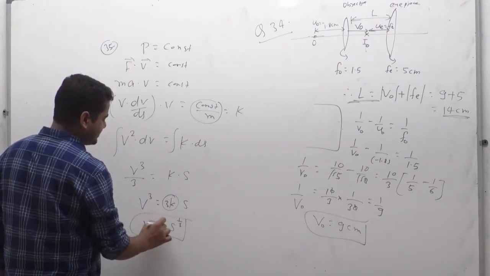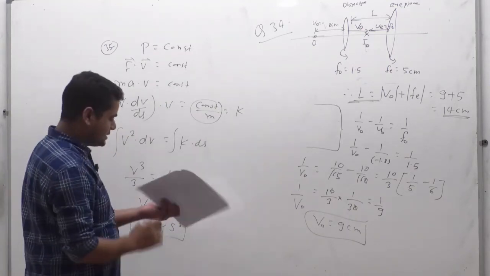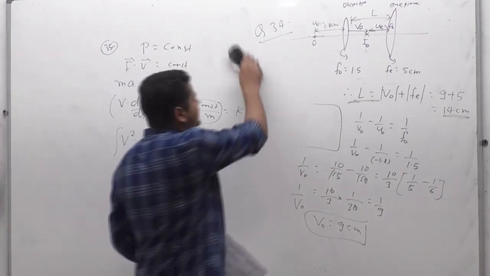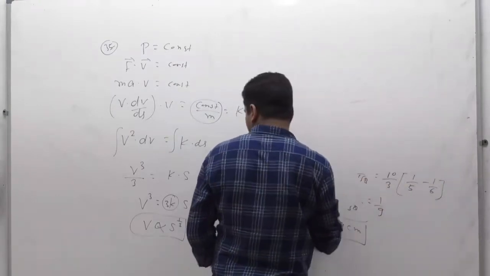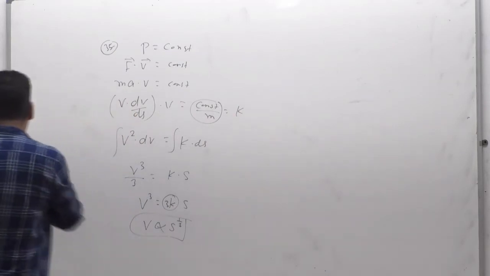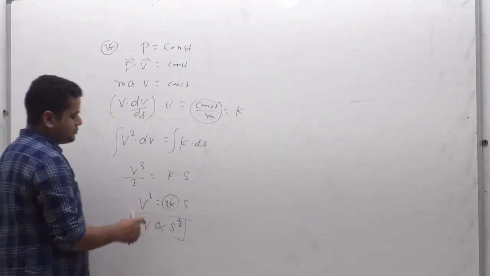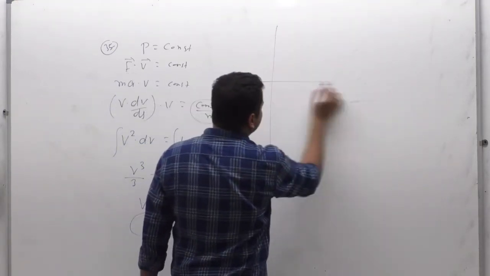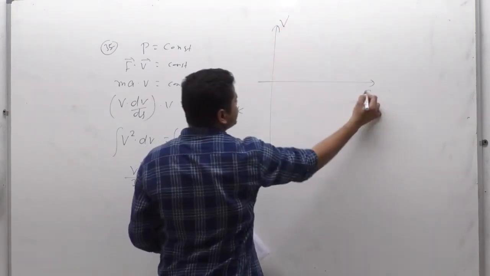So velocity equals s to the power 1 by 3. Means displacement is proportional to velocity to the power 3, and we have to draw the graph between velocity and displacement.